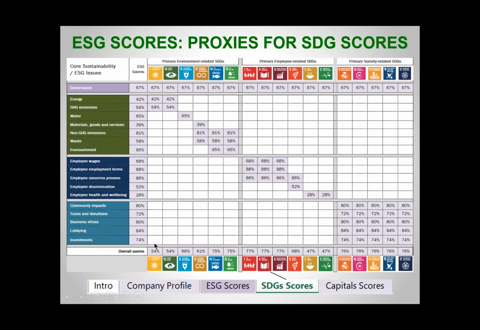So you add those three up, divide by 3, and you end up with a score of 54% is your performance out of 100 on that SDG. And the same thing for climate change as well. So those are called the priority SDGs that these are associated with.